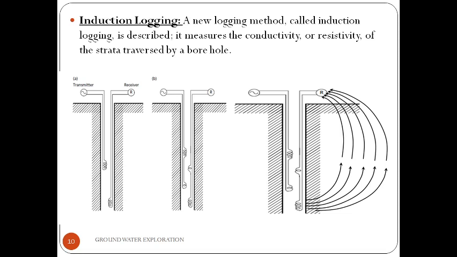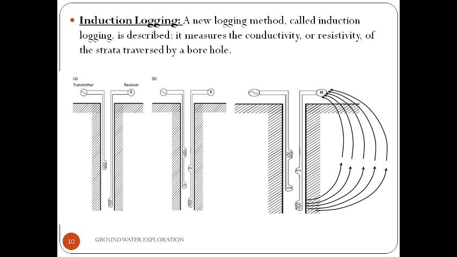Induction logging. A new logging method called induction logging is described. It measures the conductivity or resistivity of the strata traversed by a borehole. Induction logging measures the conductivity of formation by means of induced alternating currents.